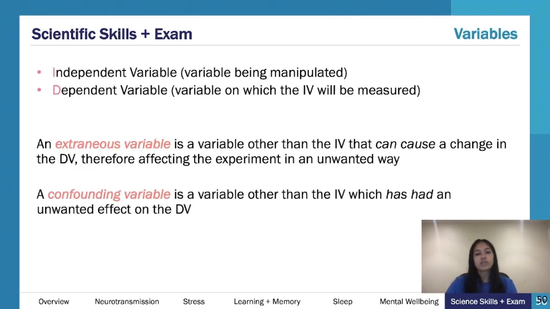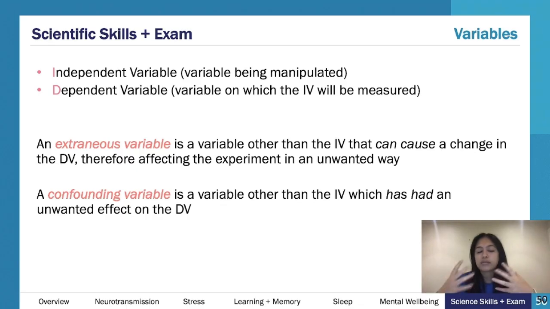Your extraneous and your confounding variables are very similar. Your extraneous is a variable that has the potential to affect the DV in an unwanted way. A confounding variable is something that has had that effect. So an extraneous variable is this idea of, you might have these variables and they can affect the DV.